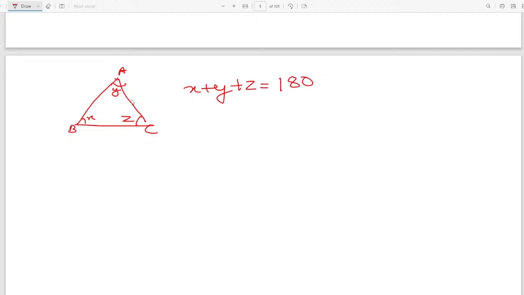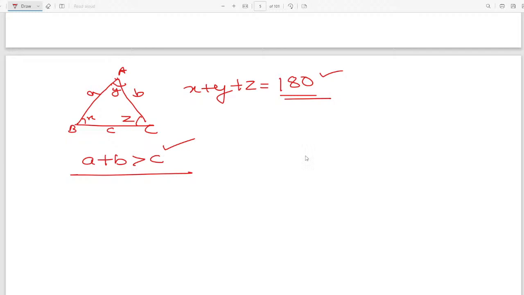The sum of the interior angles of a triangle is 180°. And if the lengths are small a, small b and small c, then a plus b will always be greater than c. So this is one relation that you need to remember.